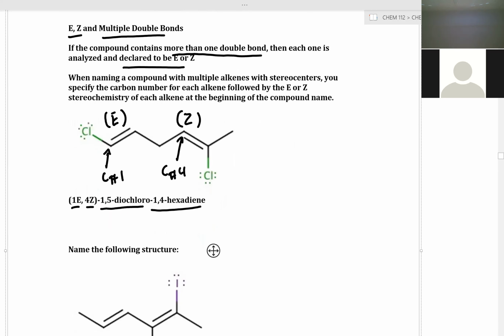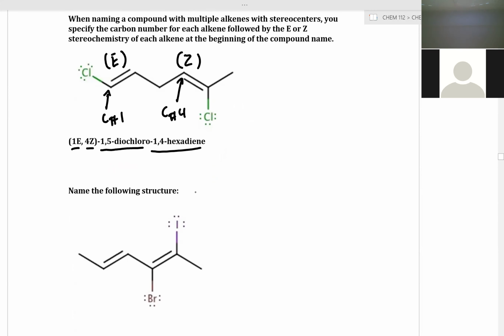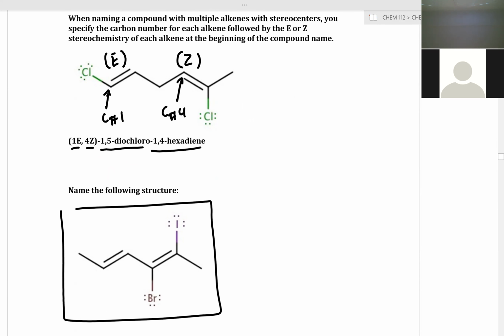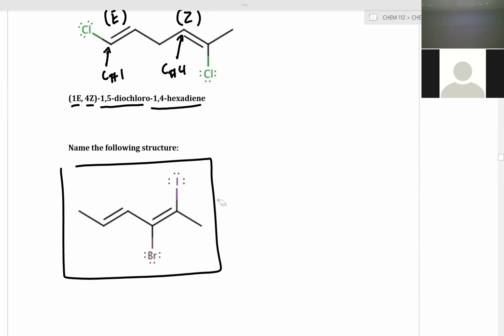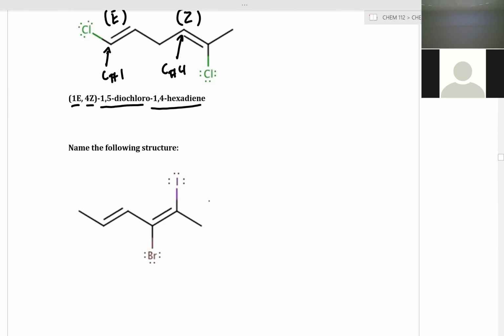With that idea in mind, let's take a moment and try to name the following structure. We'll take about 2 to 3 minutes when naming this structure.